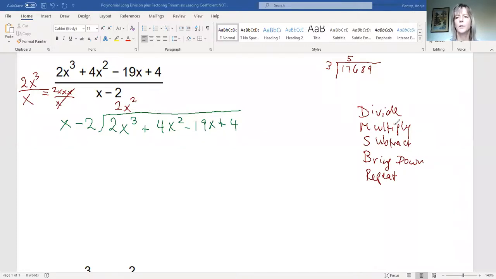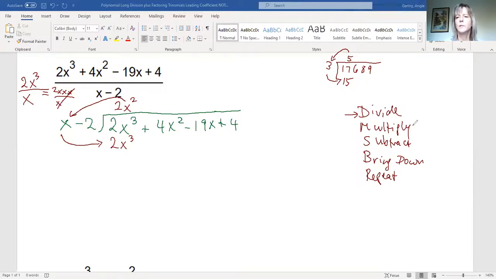Now, what's next? So you did your dividing, and then what do you do? Back in the olden days, you would take that 5 times that 3, and you would multiply it, wouldn't you? So you would have a 15. Well, here, we're going to take the first one, we're going to multiply it too, but we're going to multiply it through. So we're going to say 2x squared times x is 2x cubed, and usually students who use the arrows, who use the colored pencils, usually do better because it gets a little messy.